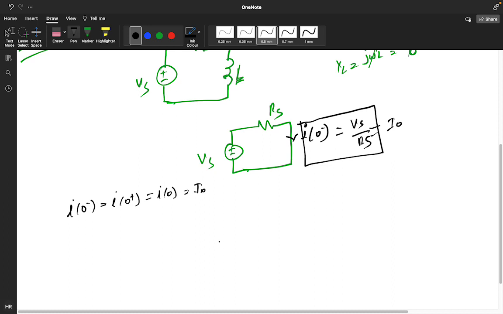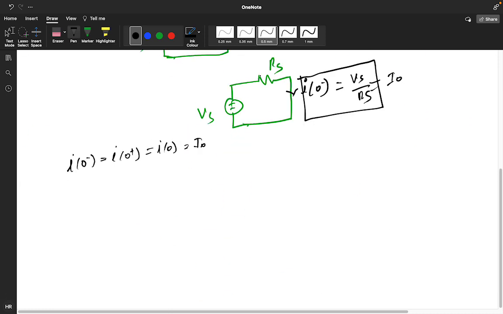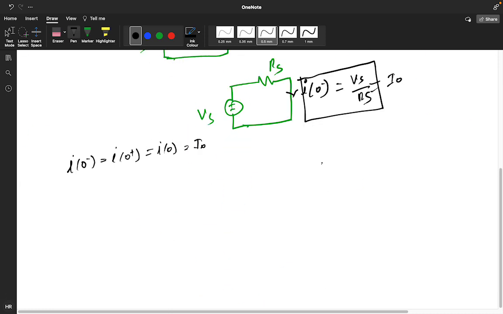So at this point, when we shift the position from 1 to 2, what will happen? The circuit will become like this. So for t greater than 0, our circuit will become like this.